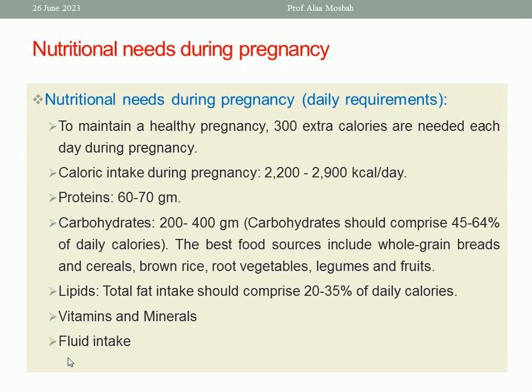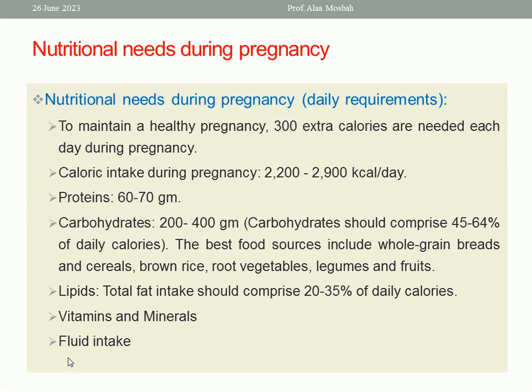Also, the woman needs sufficient amount of vitamins and the minerals, which would increase requirement of vitamins and the minerals like vitamin C, vitamin D, like iron and minerals, iron, also, calcium is important, magnesium. Also, in vitamins, don't forget vitamin B, don't forget folic acid, which prevent neurological defect in the fetus.